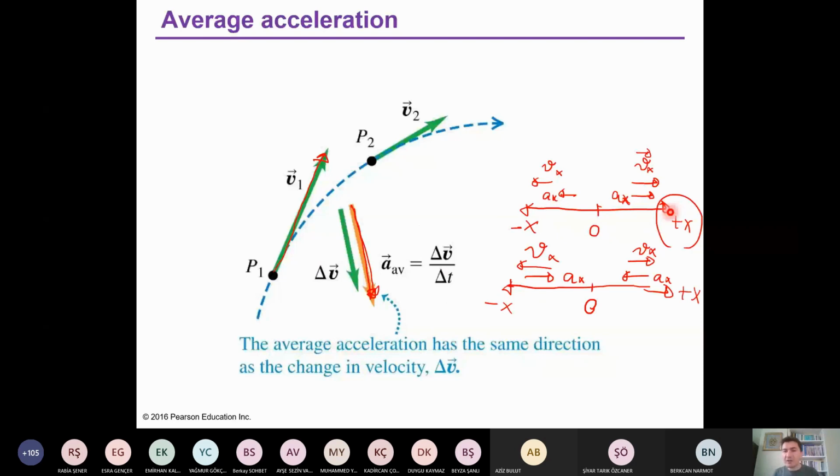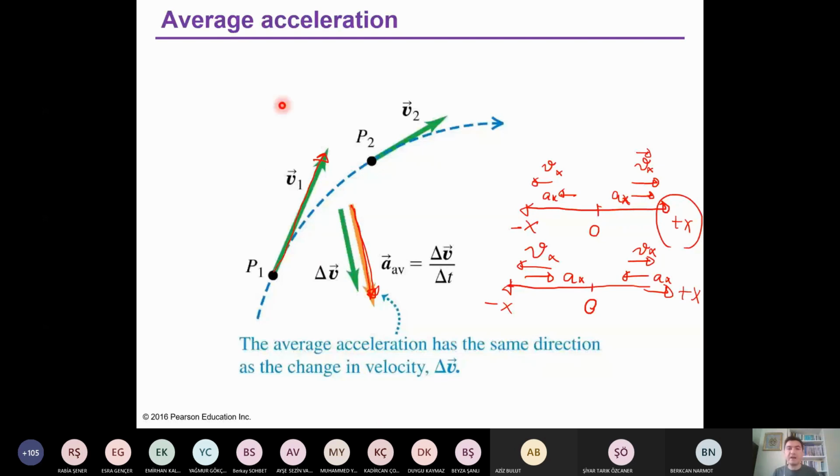In motion along a straight line, or motion along a single axis, the acceleration vector is either parallel or antiparallel to the velocity. But here we have acceleration which is not parallel or antiparallel to the velocity. The acceleration is along the delta V vector. Do you have any question here?